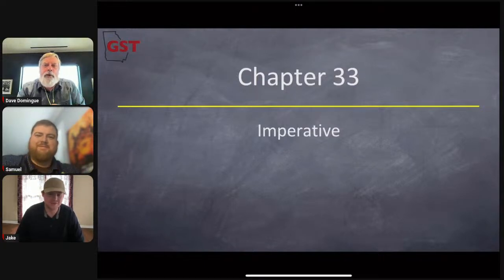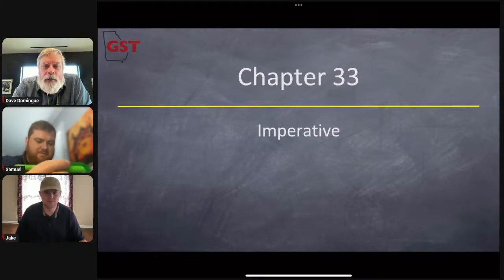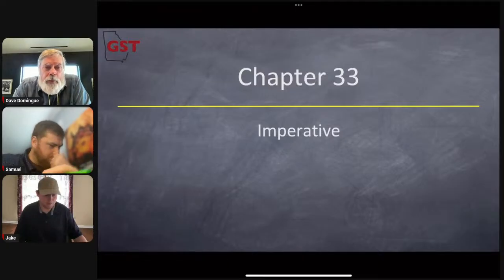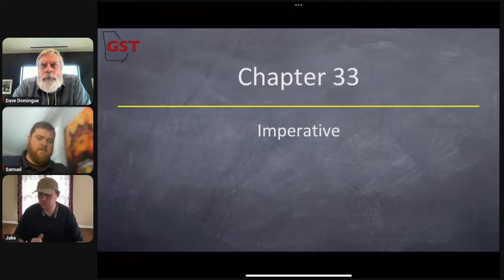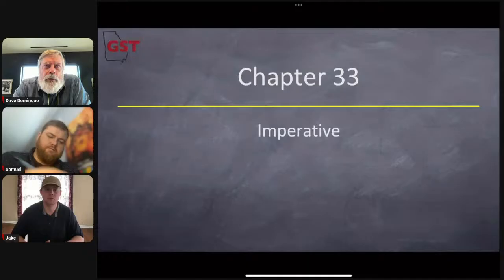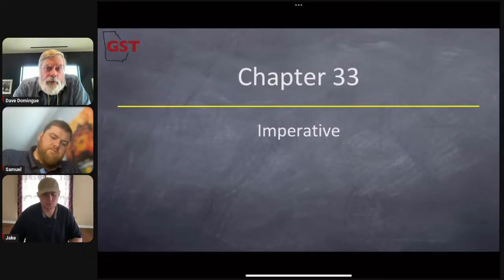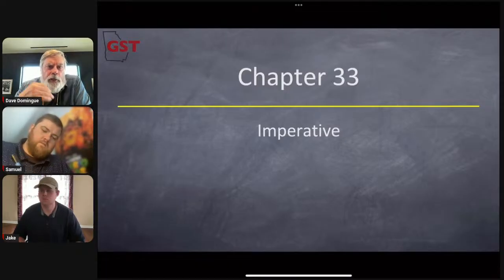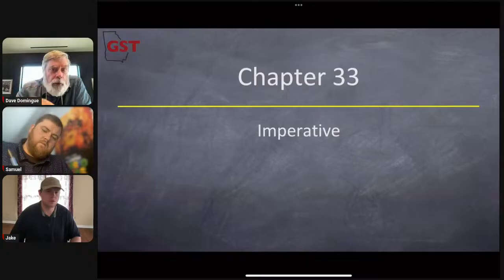Let's talk about the imperative mood. Now, oftentimes the imperative mood is referred to as the mood of command, but that's probably misleading because imperative doesn't always mean command. It can be what's called an entreaty. Normally a command is from a superior to an inferior, from God to us, or from your boss to you.